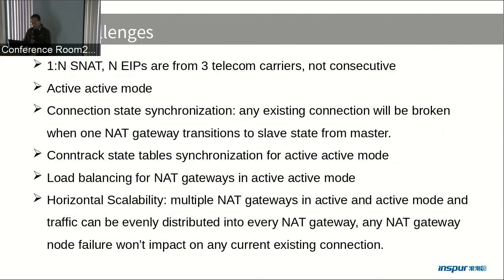So we cannot distribute the traffic into different NAT gateways evenly. If a NAT gateway node is filled, the existing connections in this node cannot be migrated to another NAT node.